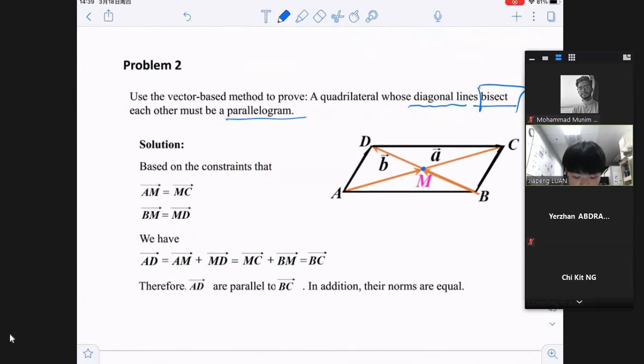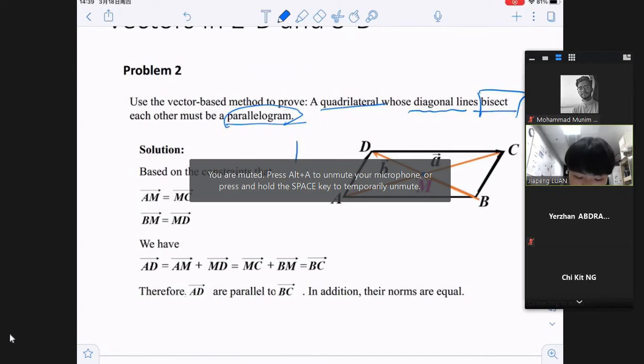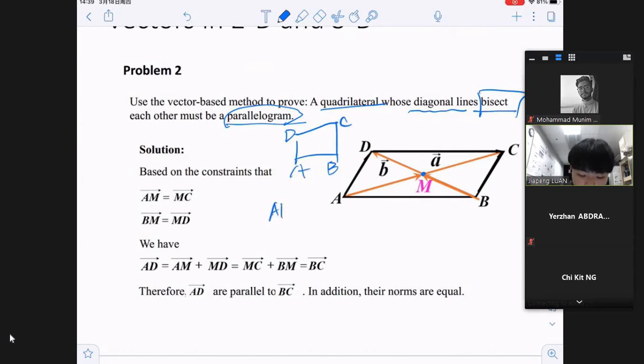And then how do we say that something is a parallelogram? For example, if we have a quadrilateral like ABCD, when you say that vector AD equals vector BC, that actually means that this is a parallelogram.